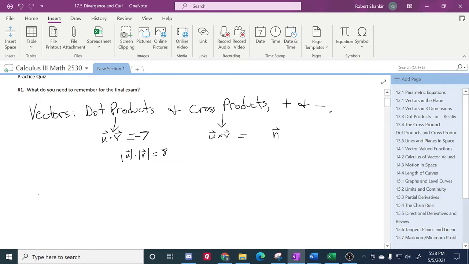Okay. So they go maybe a real number as an input and a vector as an output.